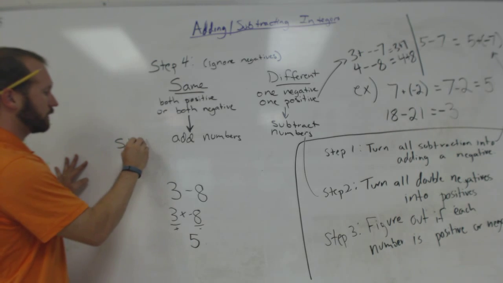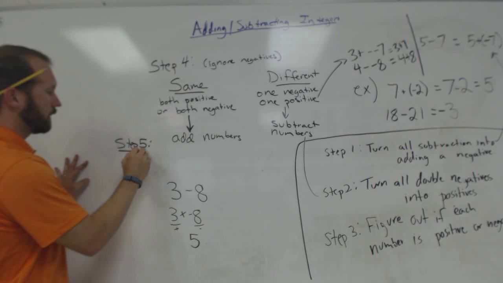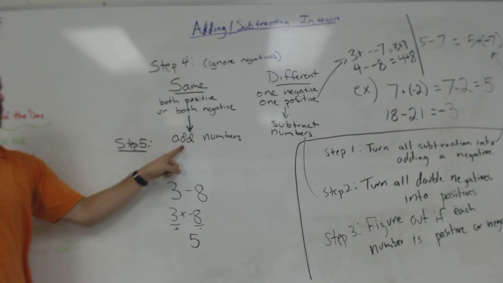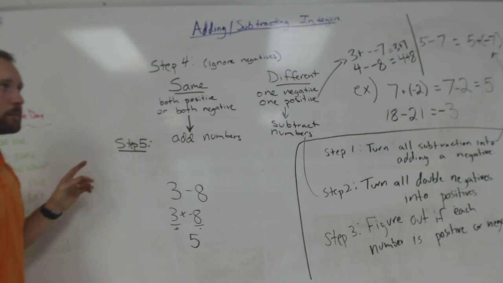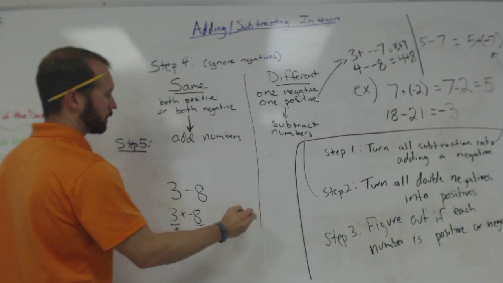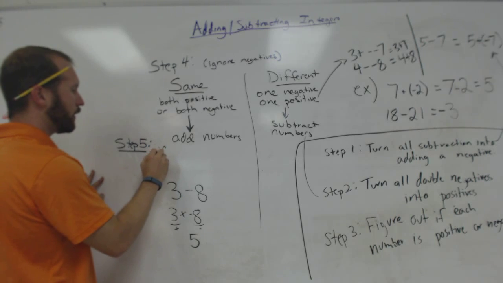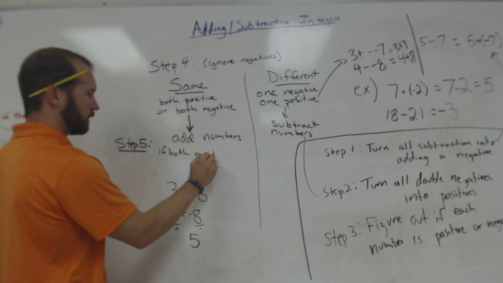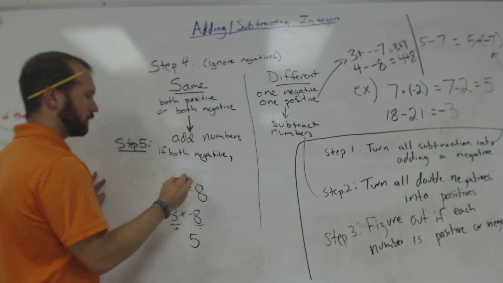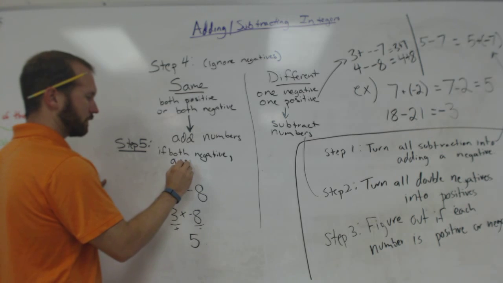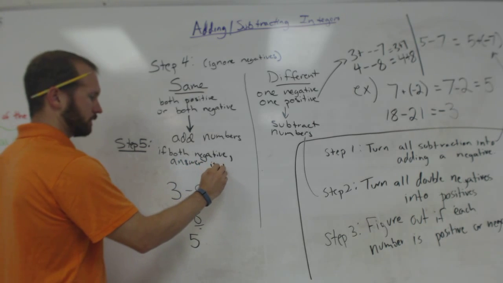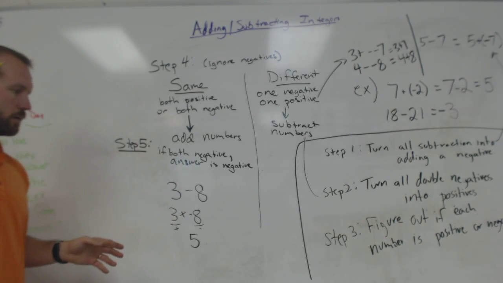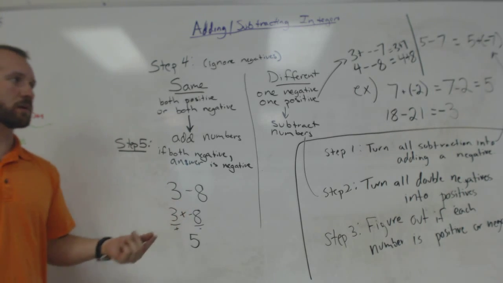Step 5. Is it negative or positive? We're going to now put the negatives back in. If the numbers were the same, if both were negative, the answer is negative. In this case, we didn't have the same numbers.